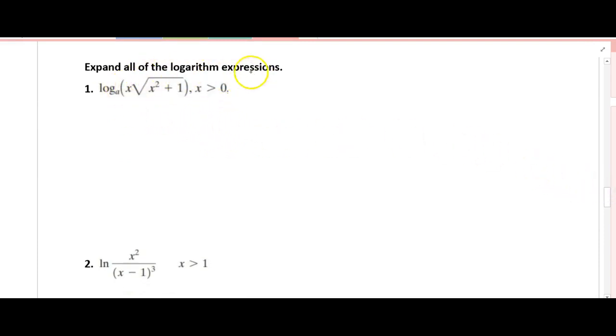So right away, if I go to simplify this, we have to completely simplify. First I have to recognize if I'm expanding or condensing, and we'll talk about condensing in a minute. Right away, log base a of this times this. So I know it's multiplication, so I'm going to break this up as log base a of x plus log base a of the square root of x squared plus 1. But what you guys have to remember is the square root is the same as 1/2 power.